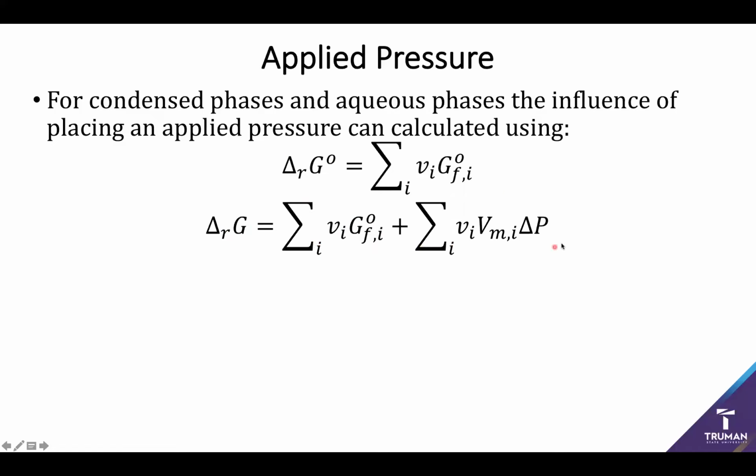So again, this is going to be my standard state reaction energy, plus the correction for the free energy by the applied pressures. And again, here we're using the model of a condensed phase where free energies should change linearly with pressure, but again, modified by molar volume because we're after a molar property, and again, the stoichiometric coefficients.